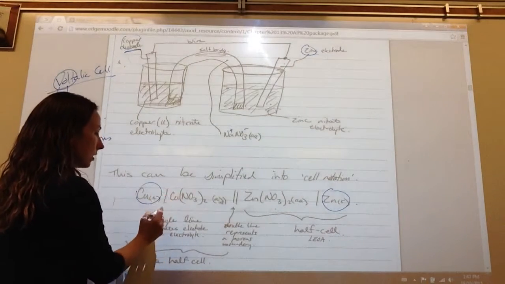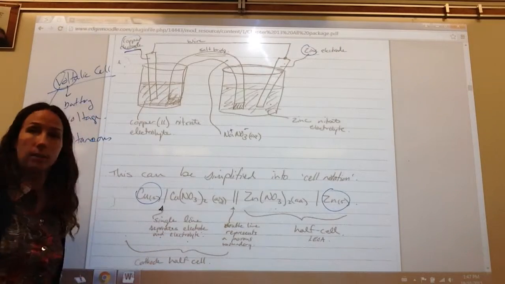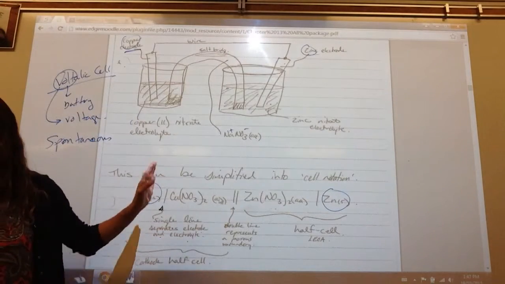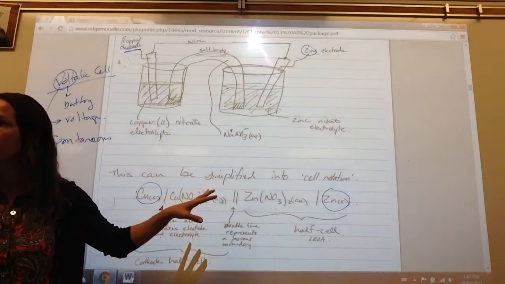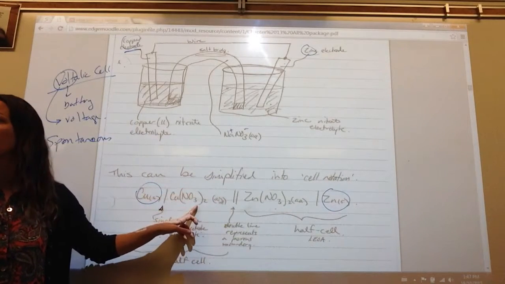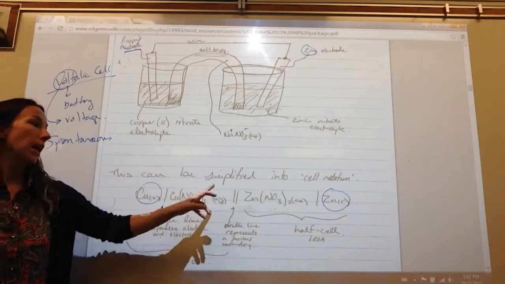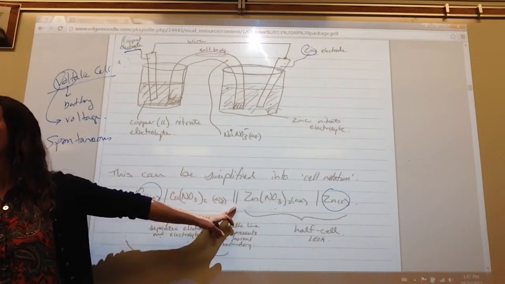And the single line separates the electrode and the electrolyte. So electrode, line, electrolyte. So this electrode is stuck into this solution. Everybody okay with that? And the double line indicates a porous boundary.